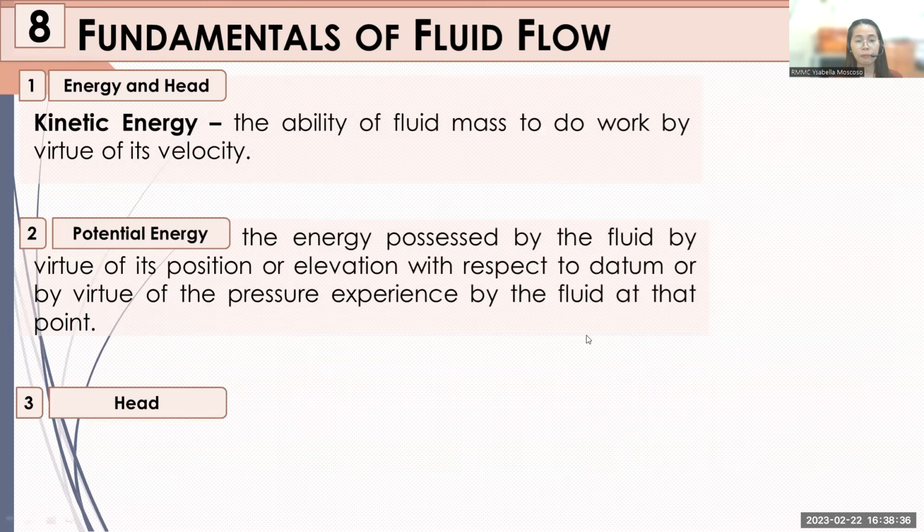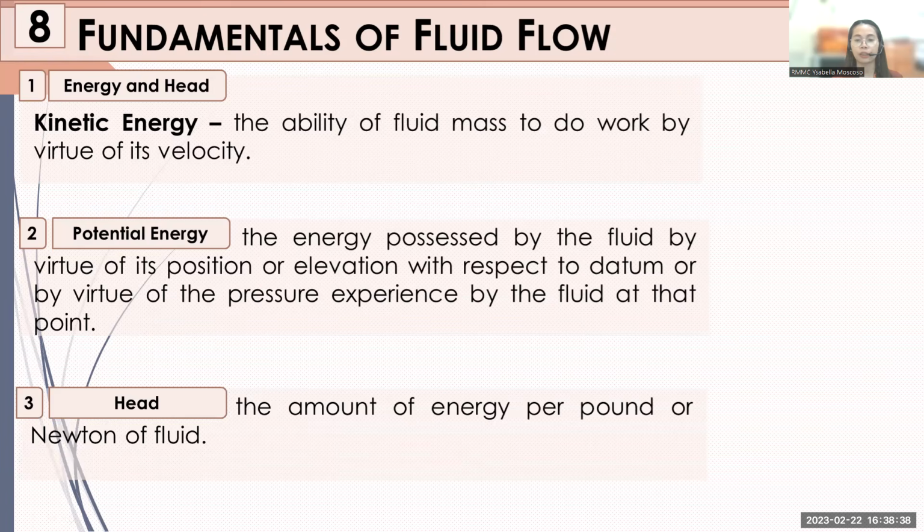Okay, so let us talk about this head. The head is the amount of energy per pound or per newton of fluid. So, ibig sabihin, if your energy's formula is joules or that is newton times meter, your head daw, pag sinabi natin head, that is the ratio between your energy divided by the pounds.